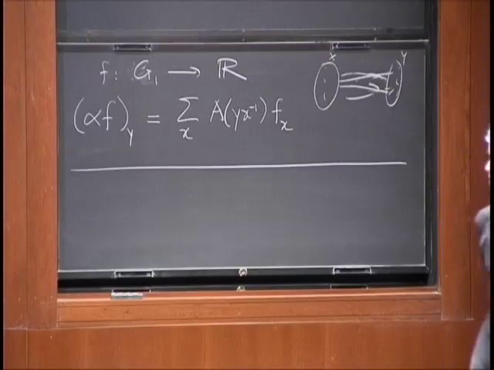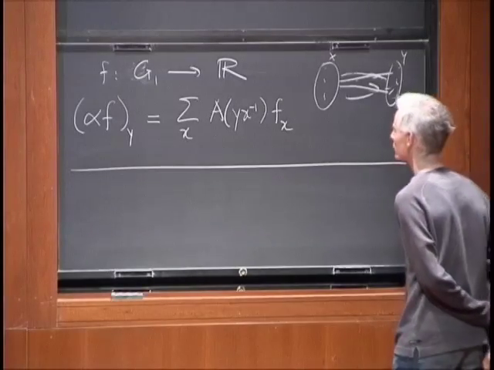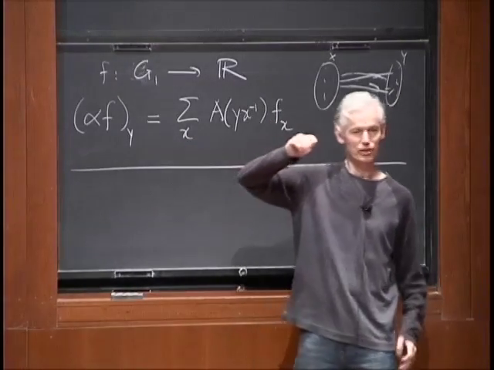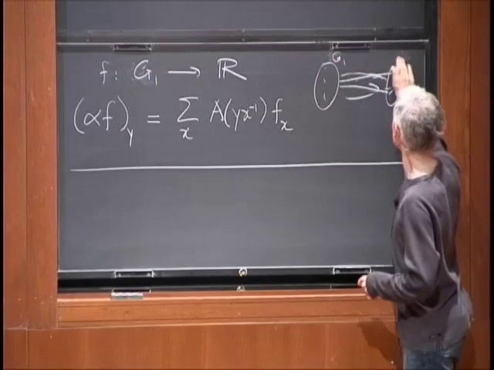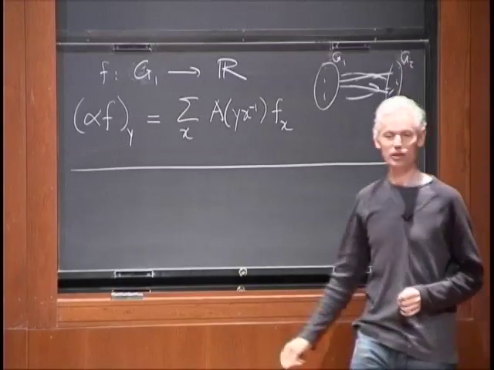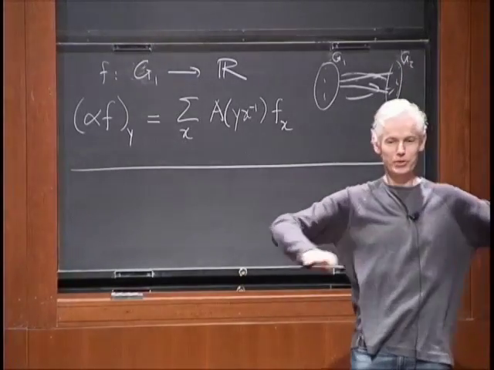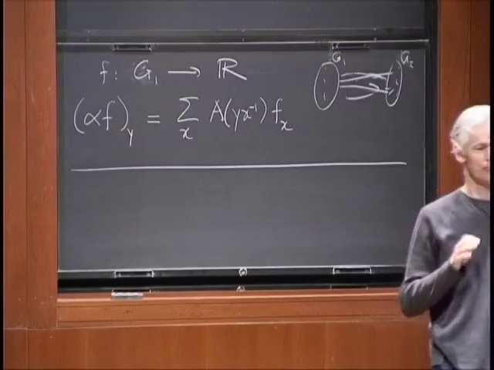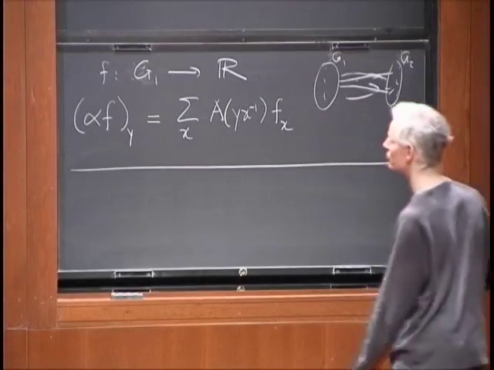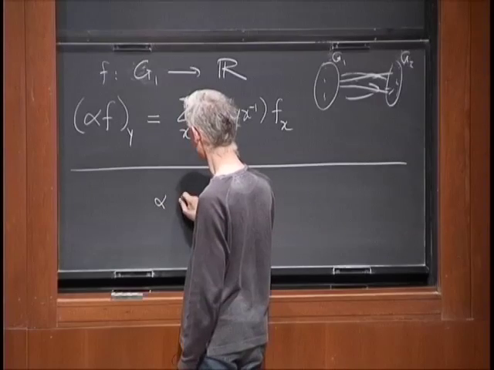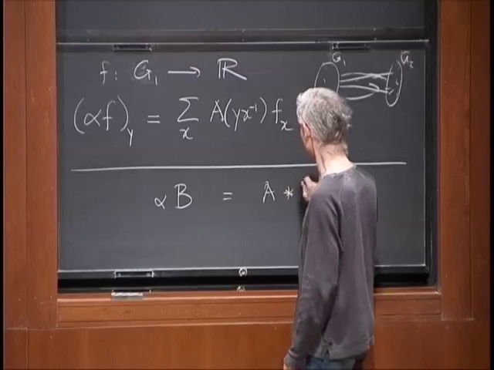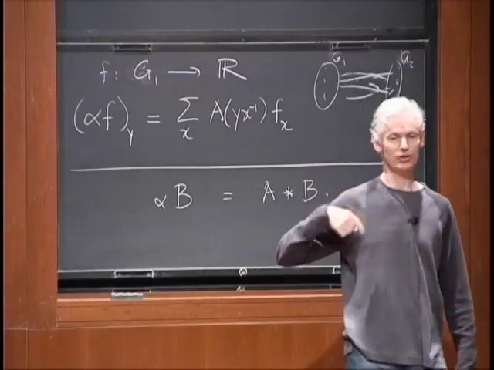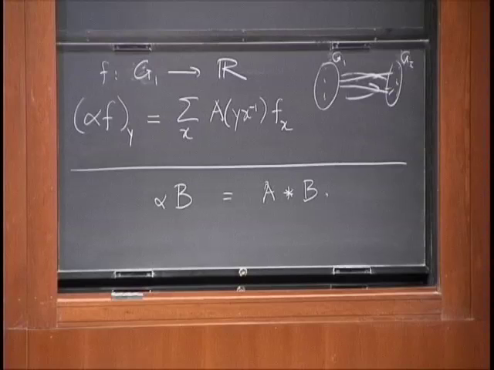Now, we have to think how we can get a handle on alpha. What we really want is to show that alpha has the following property. It should take any function on G1 and somehow smear it out in a nice way. I should say also that alpha of the characteristic function of B is just A star B. So this linear map is working out the convolution with the set A as defined before.